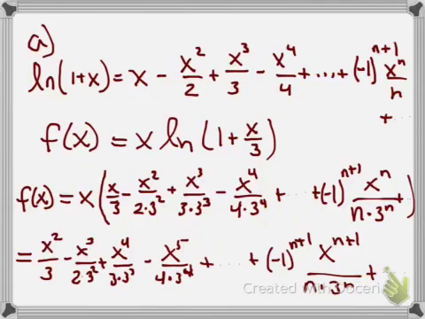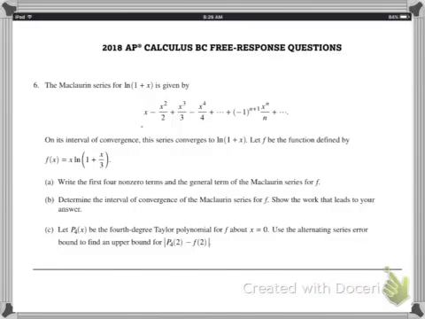So let's go way back here. Let P sub 4 of x be the 4th degree Taylor polynomial for f about x equals 0. Use the alternating series error bound to find an upper bound for the absolute value of P sub 4 of 2 minus f of 2. So this is just r sub 4.